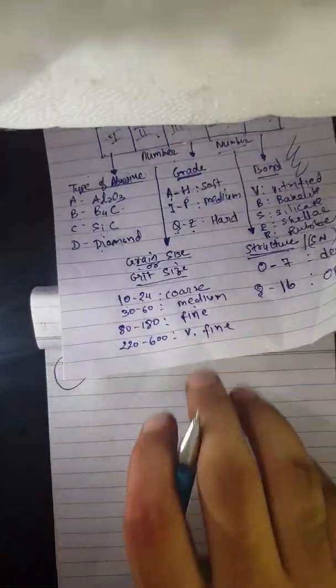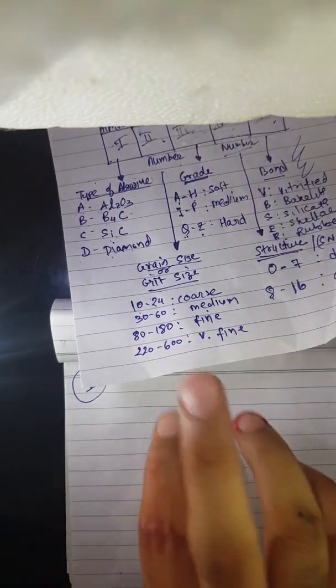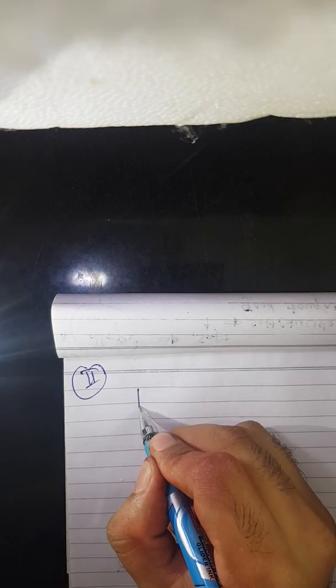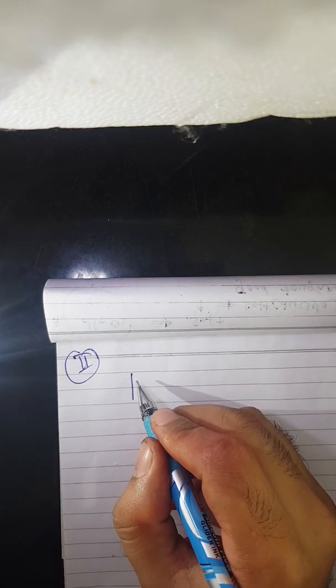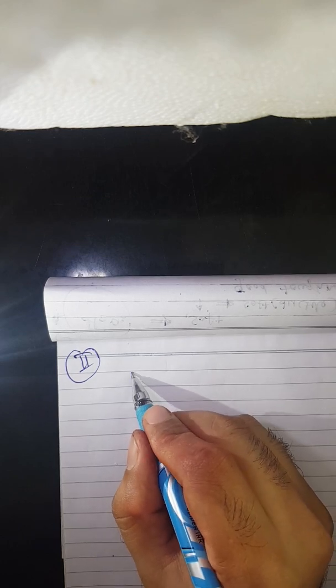So now here, as we had seen in the previous lecture, we'll assume a particular shape of the abrasive particles.